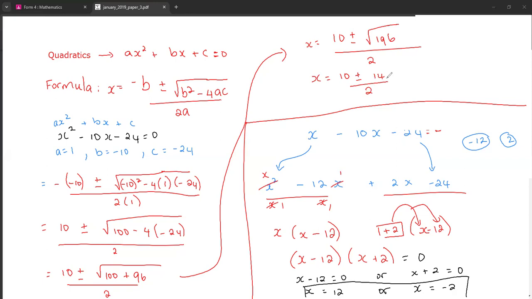So it's going to be x is equal to 10 plus 14 divided by 2, or 10 minus 14 divided by 2.